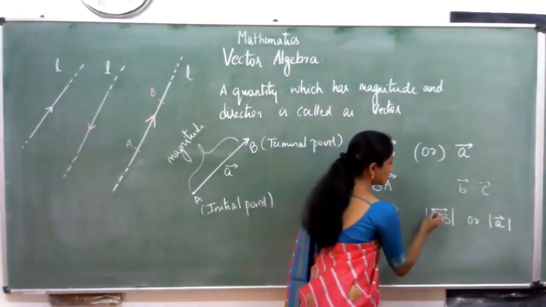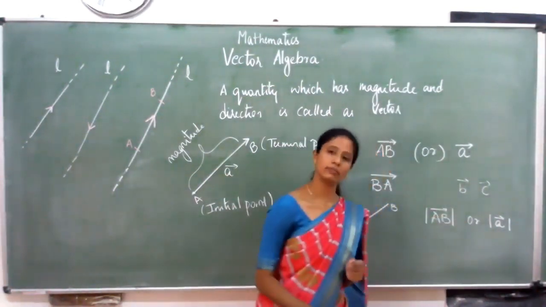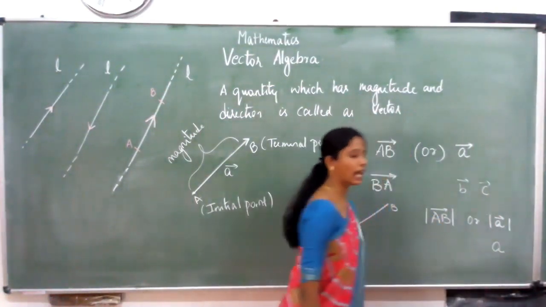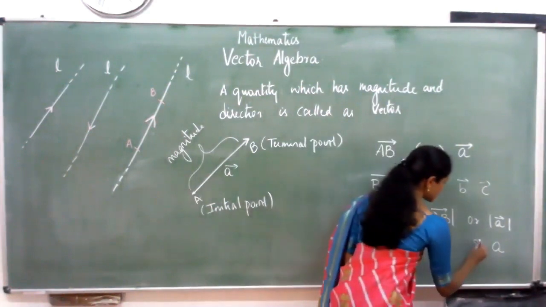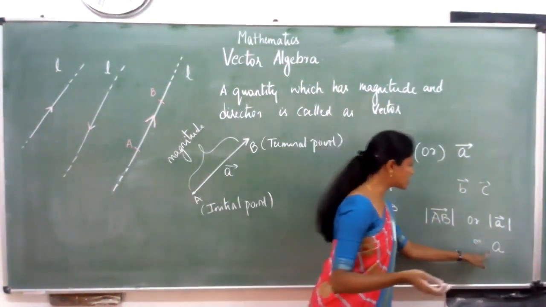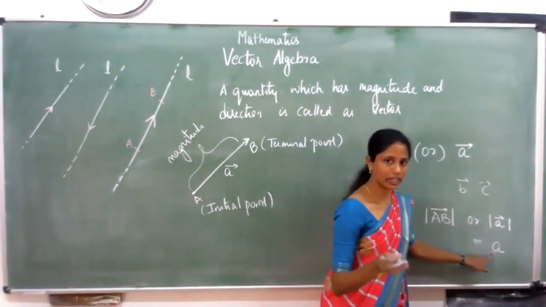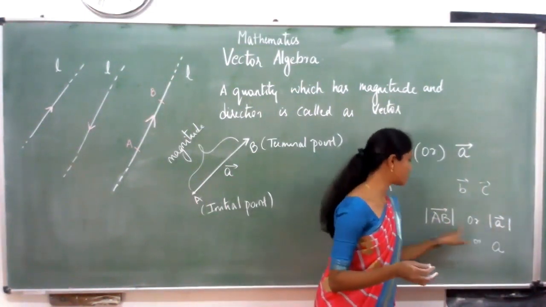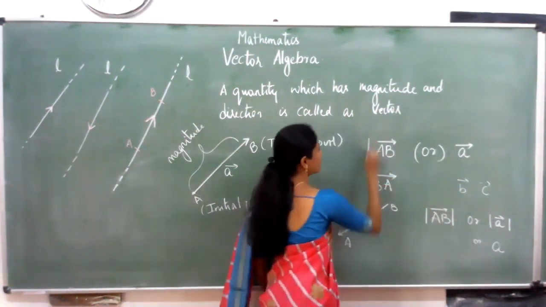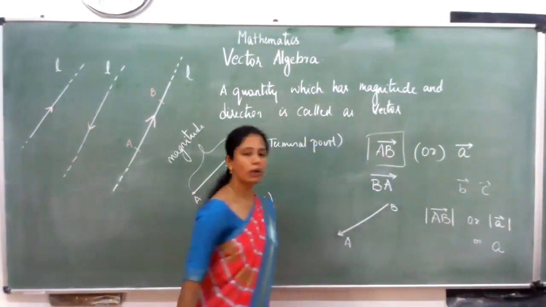It is compulsory that you write the vector symbol. For magnitude, we even write it as just a. It is understood because magnitude doesn't require any direction. So we just write only a when we write magnitude. Or else it is better to use this symbol for magnitude, and this is the representation for vectors.